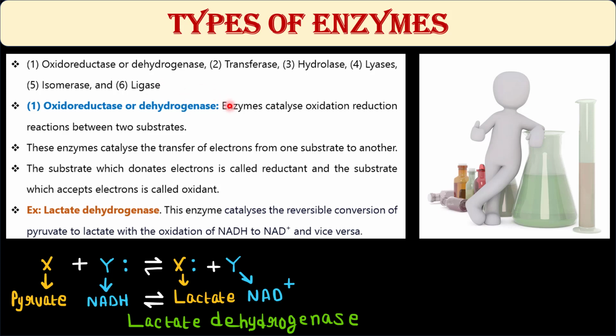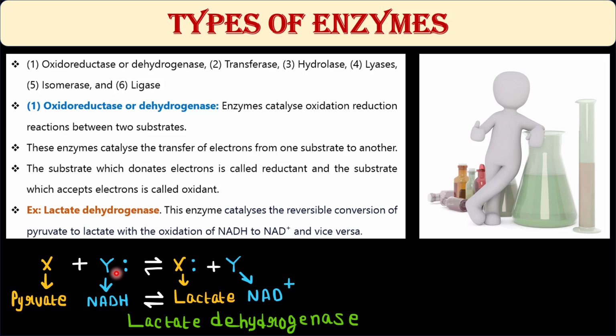These enzymes catalyze oxidation reduction reactions between two substrates. So here we have two substrates, X and Y. Now these enzymes catalyze the transfer of electrons from one substrate to another.